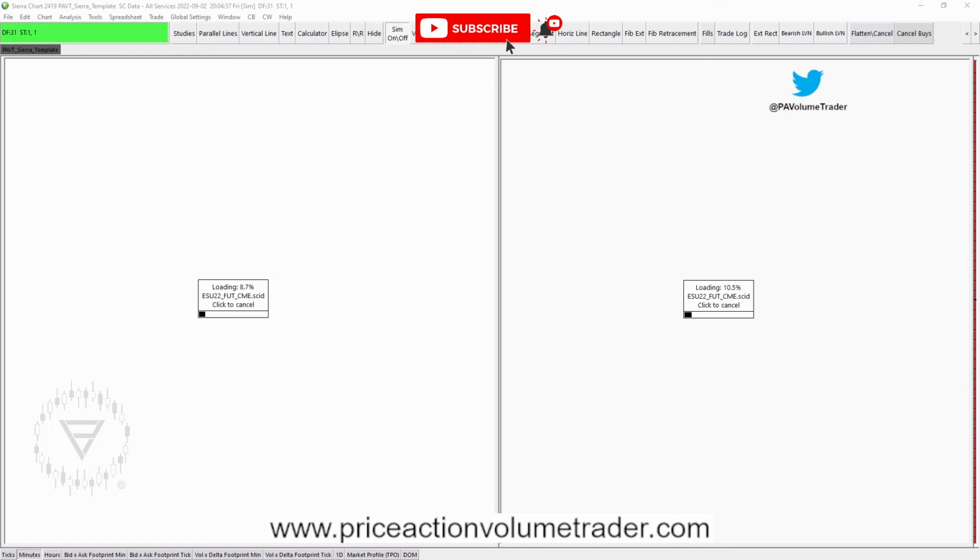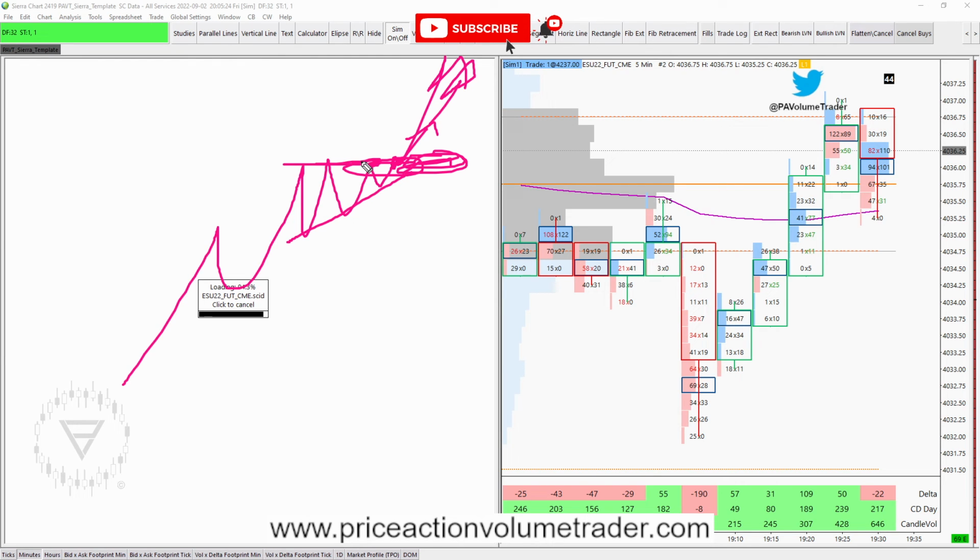What happens here is orders start getting consumed over and over, and eventually either the big sellers that are holding the market here get completely absorbed, they get blown, and they have to bail out, adding to the buying pressure to get out of their positions, or they'll simply pull out their orders, clear the order book, and all the liquidity that was holding the market just disappears, and then the aggressive traders can just blow through a level.